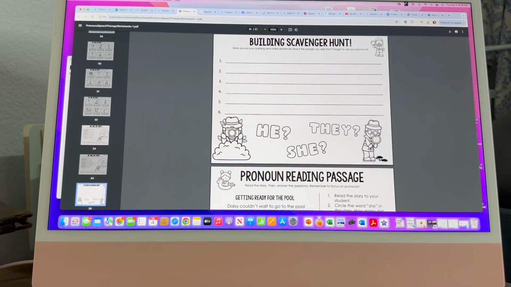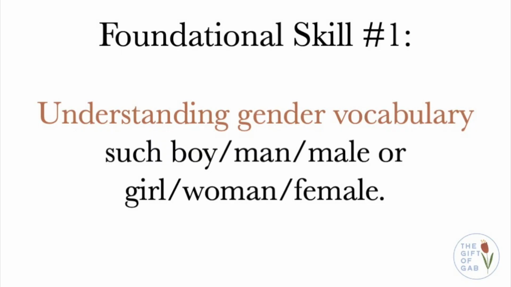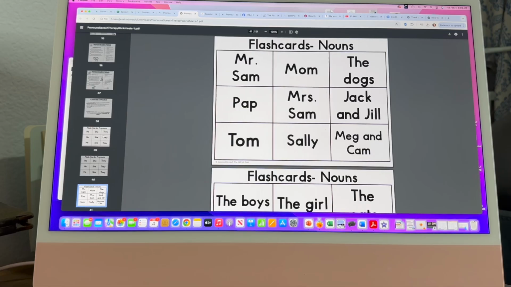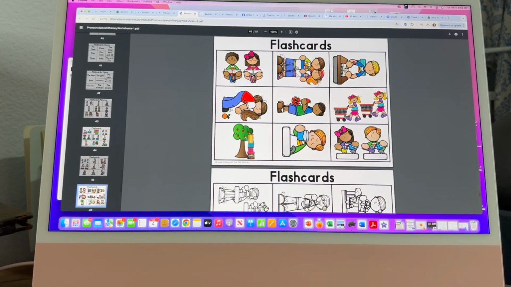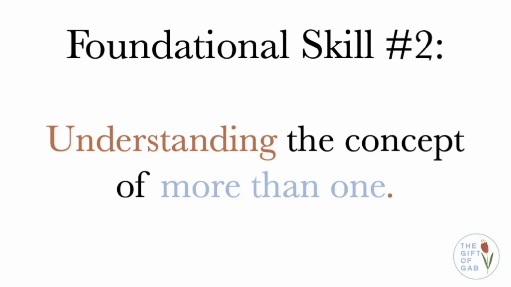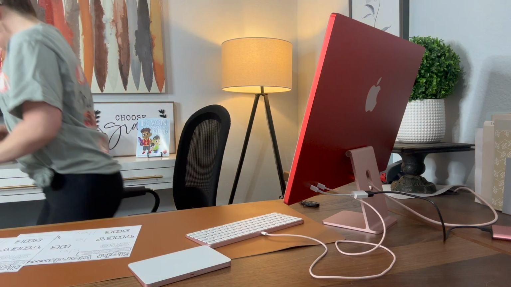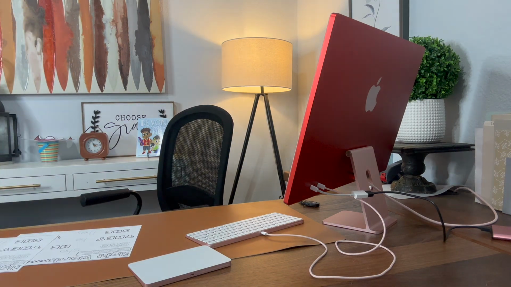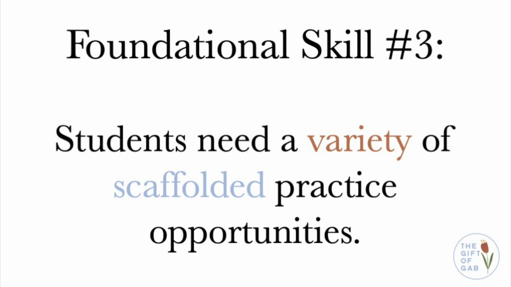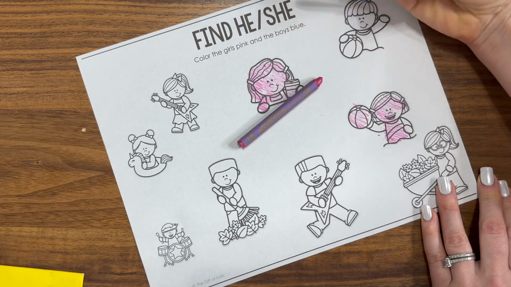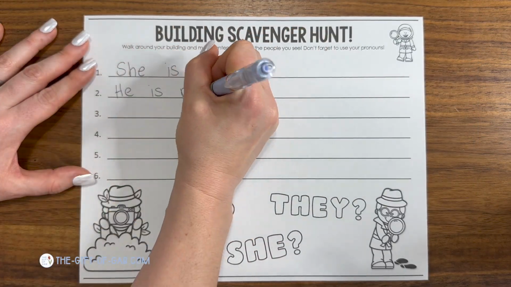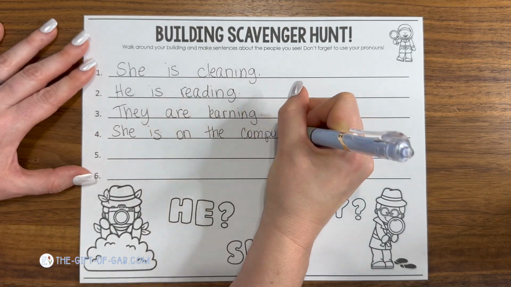For example, our students must be able to understand vocabulary such as boy, man, or male, and girl, woman, female. They must also be able to understand the concept of more than one. They need to be provided multiple different practice opportunities to generalize these skills into daily life. And ideally, these practice opportunities should be scaffolded from easy to hard to help our speech therapy students feel the most successful.